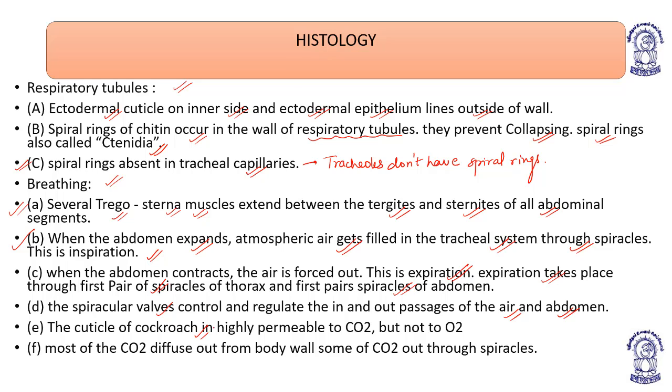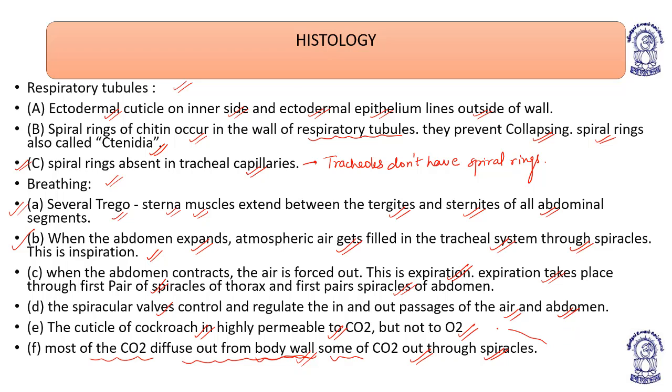The cuticle of cockroach is highly permeable to CO2 but not so much to O2. Most of the CO2 diffuses out from the body wall, and some of the CO2 goes out through spiracles.